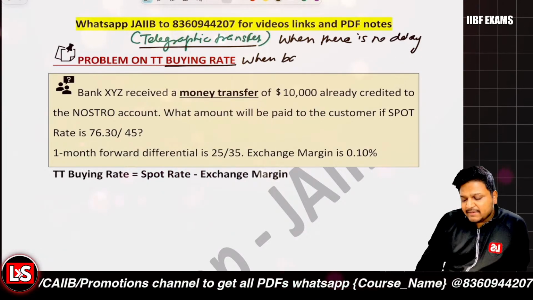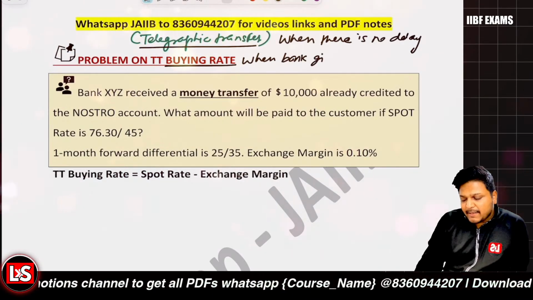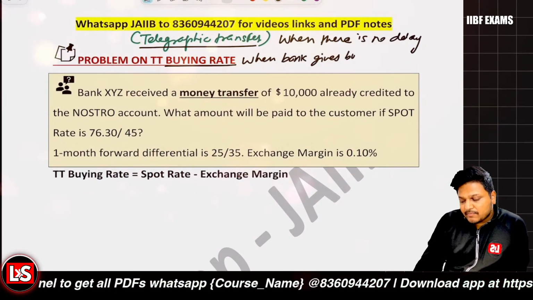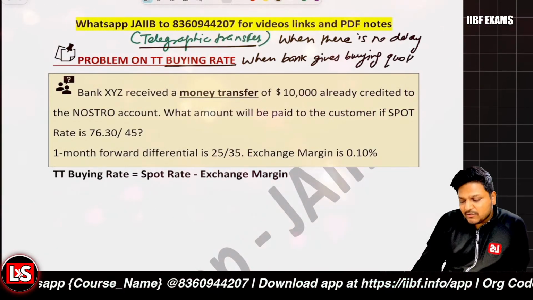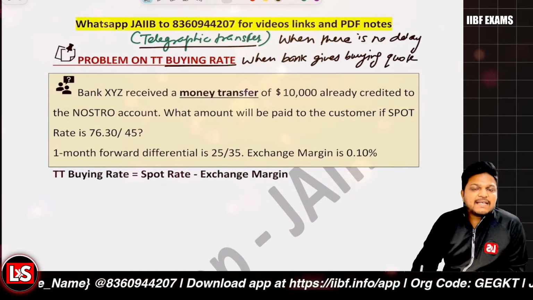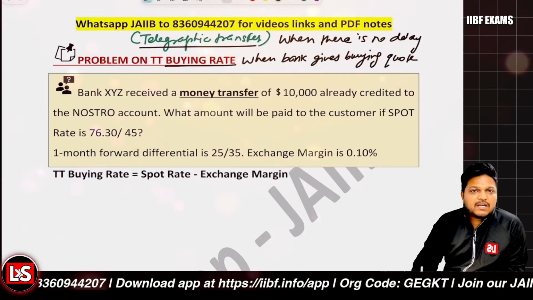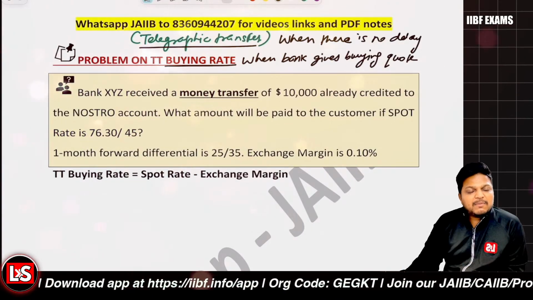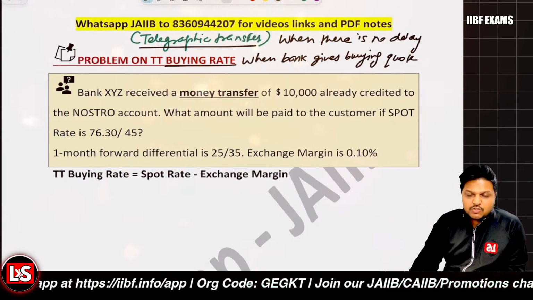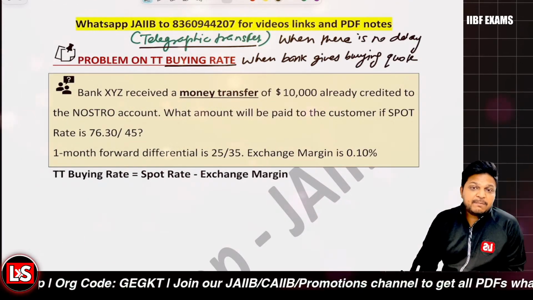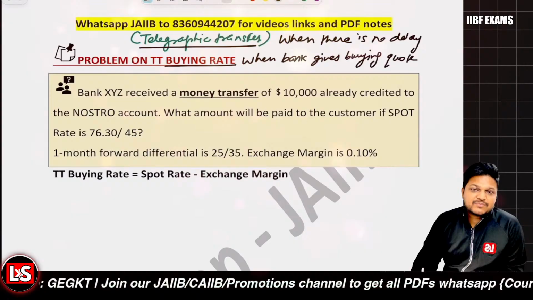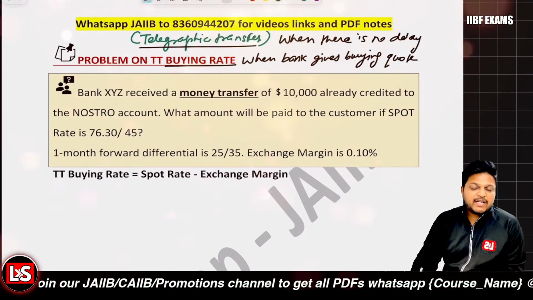When the bank gives a buying quote, we say the buying rate is applicable. So when there is no delay and a buying quote is given, we simply say the TT buying rate would be applicable.